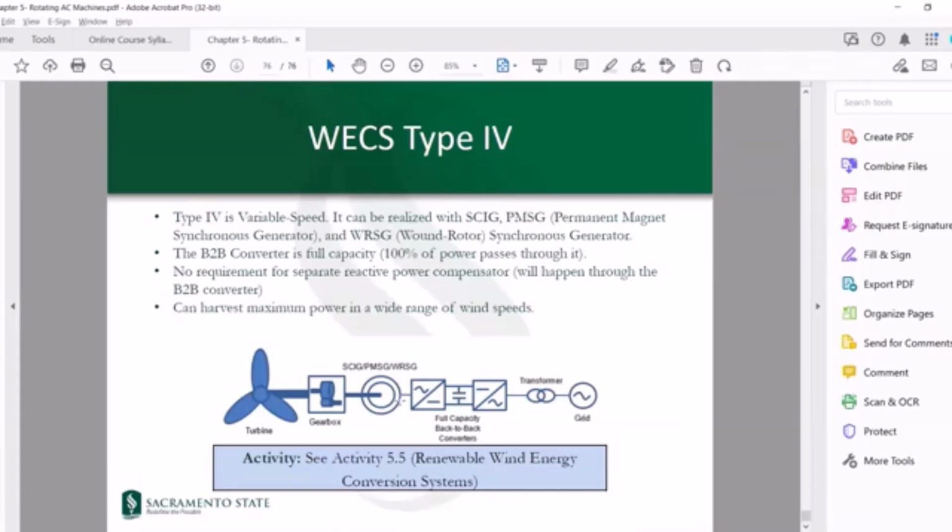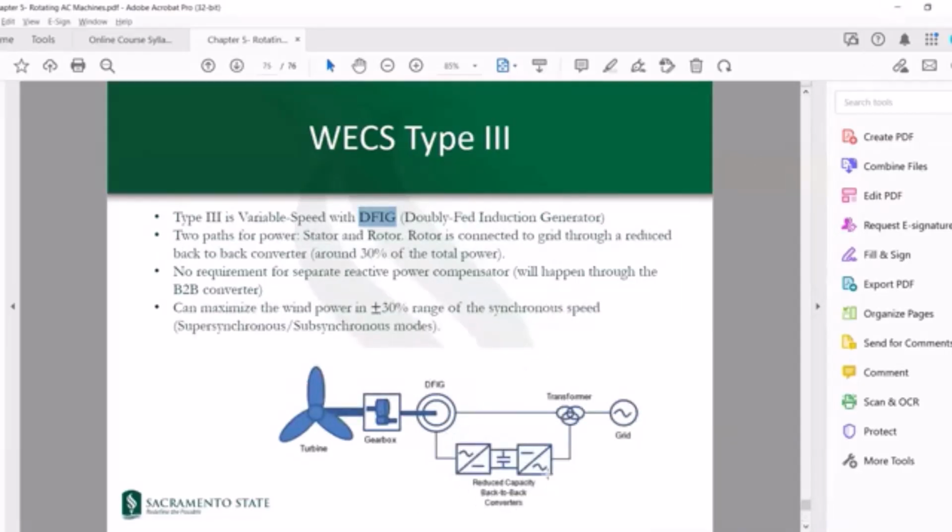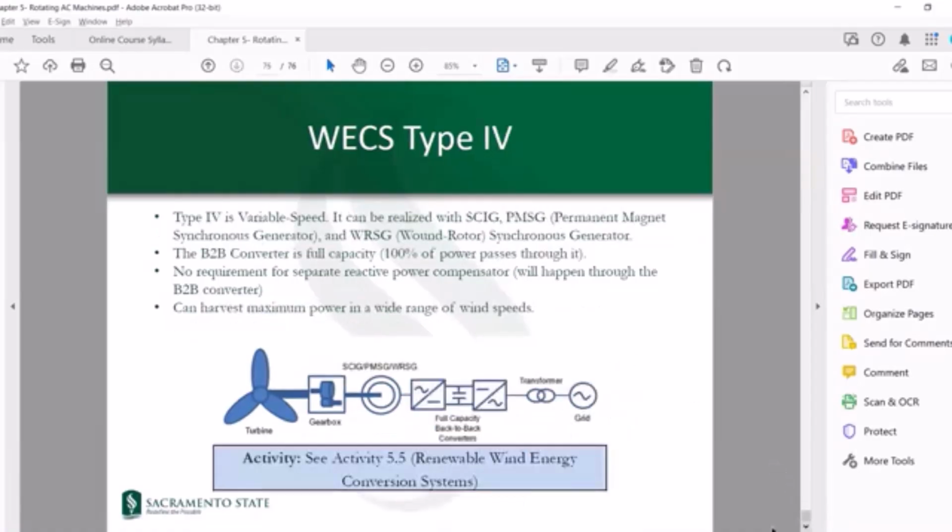So there is a full path between the generator and the grid. It is not partial, like the case that we had in the DFIG, where there is a partial route of power through the rotor. Here, you have the full path. So these are full capacity back-to-back converters that are buffering the grid with respect to the machine.